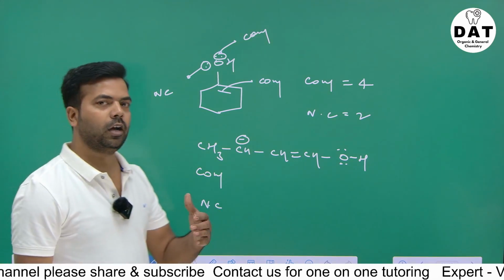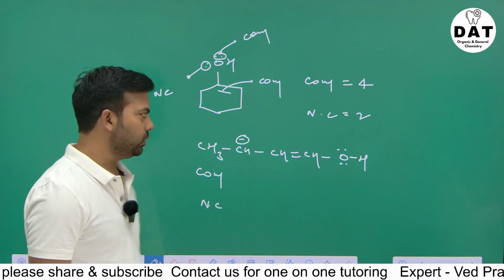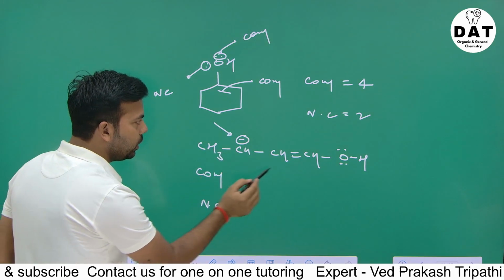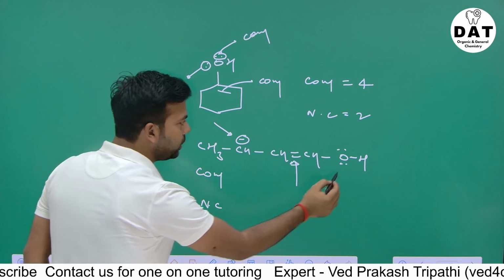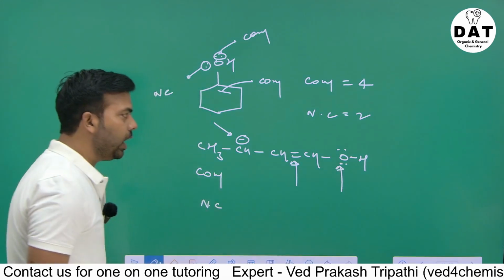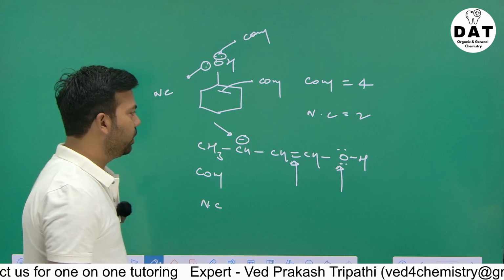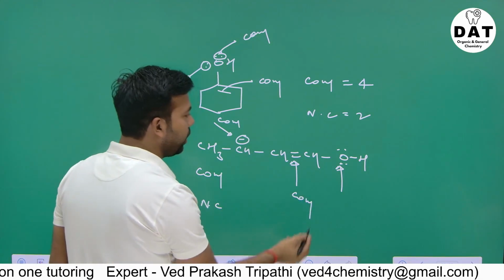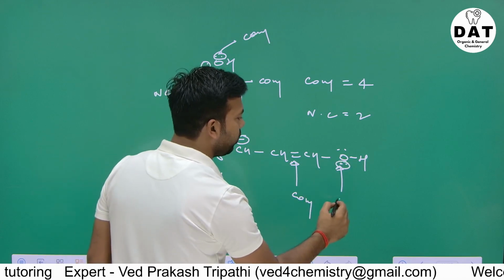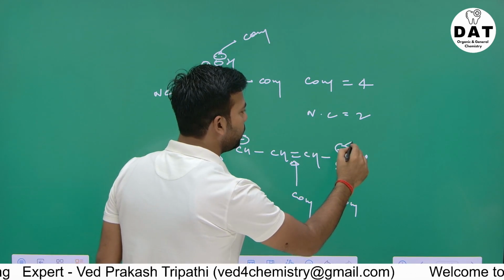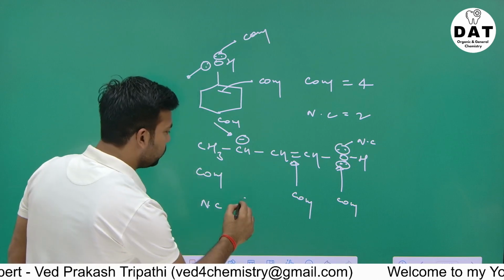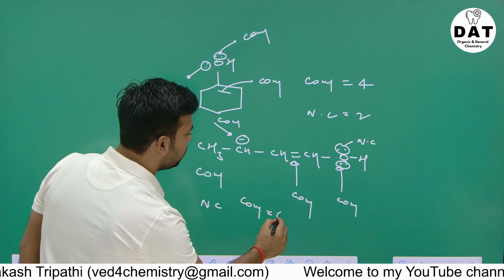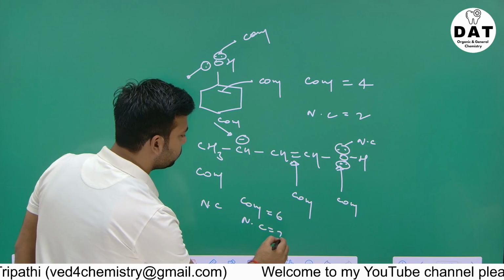Look at the species which are in alternate. Negative is a conjugate species, double bond another conjugate species, and this lone pair another, and they are in alternate with respect to each other. So they are all conjugated. Oxygen has two lone pairs, so any one is conjugated and the other will be non-conjugated. So conjugated, we have 2, 4 and 6. Non-conjugated is 2. Clear?